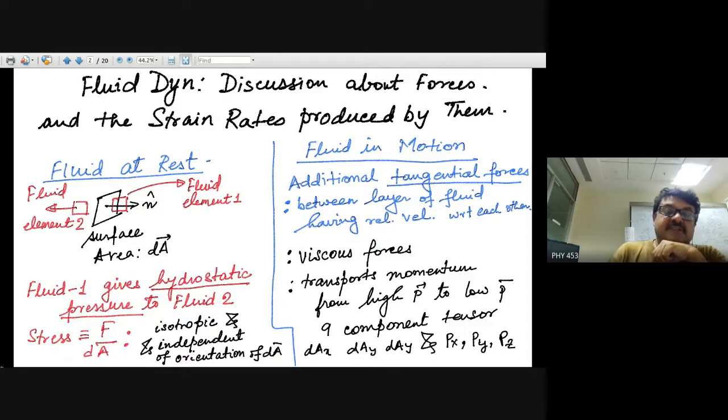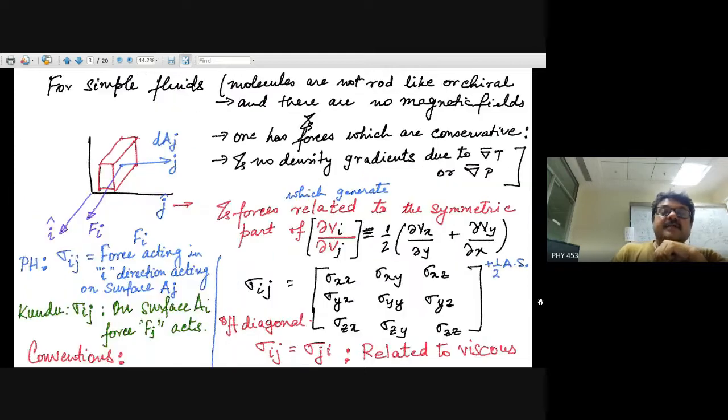As a consequence, the stress is a 9-component tensor. The index i runs from 1 to 3, xyz, and the area element dA runs over xyz. So the stress tensor sigma ij can have sigma xx, sigma xy, sigma xz.